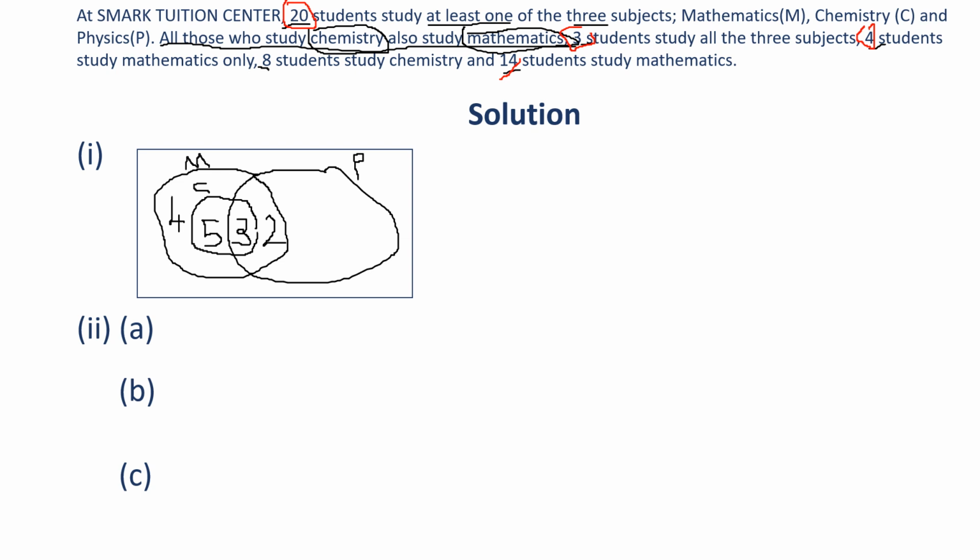Since we are done with the 14, the remaining ones are the ones who were studying physics only. So you say 20 minus 14, we will get 6. So this is where we get our 6.